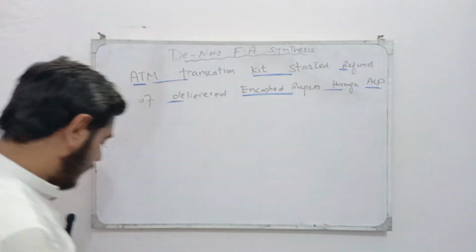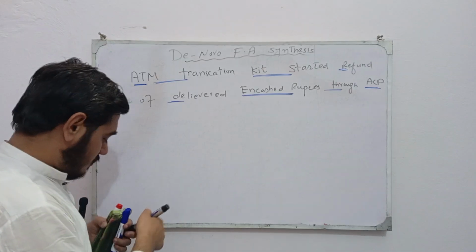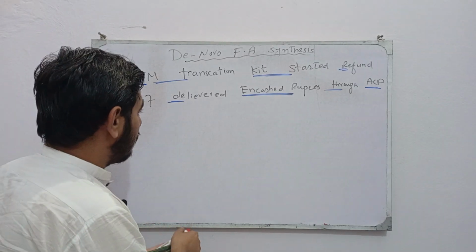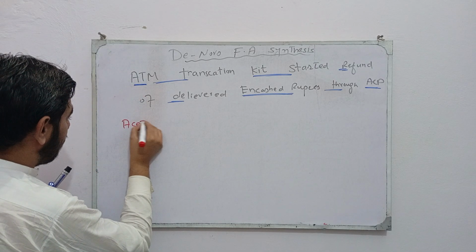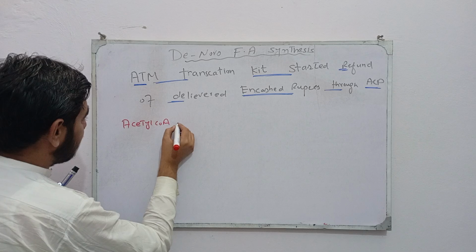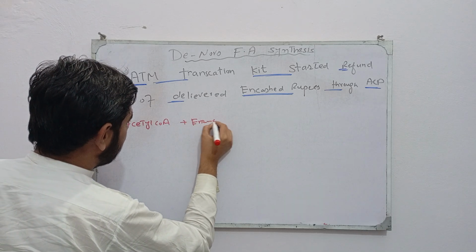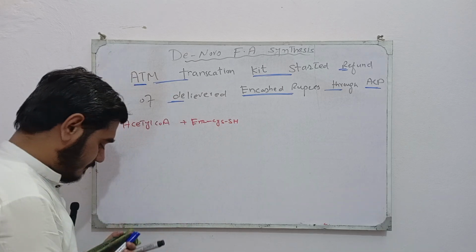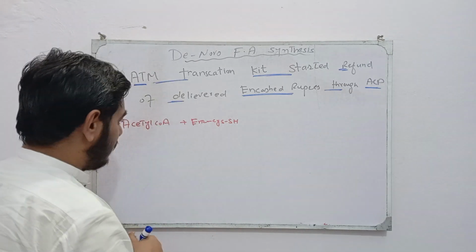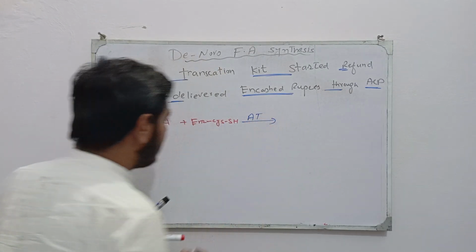Now coming to the pathway. Acetyl CoA gets condensed with the enzyme's cysteine sulfhydryl group, with the help of the enzyme acetyl transacylase.